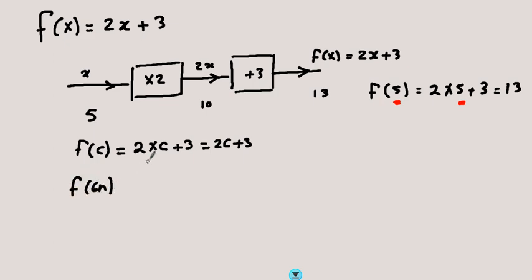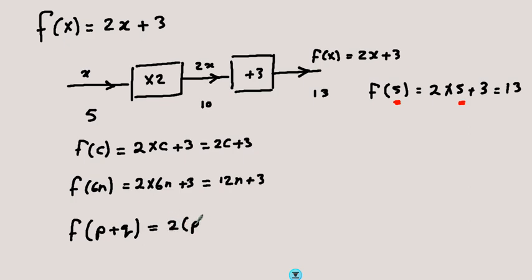What's f of 6n? Again, multiply the 6n by 2 and add 3. This gives you 12n plus 3. What if the input was p plus q? Well, you multiply that by 2, but don't forget the brackets, and you add 3.